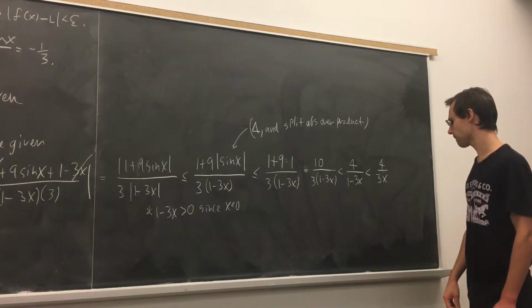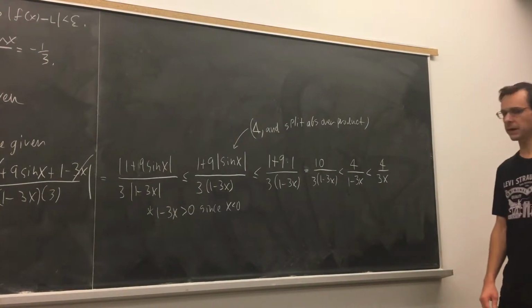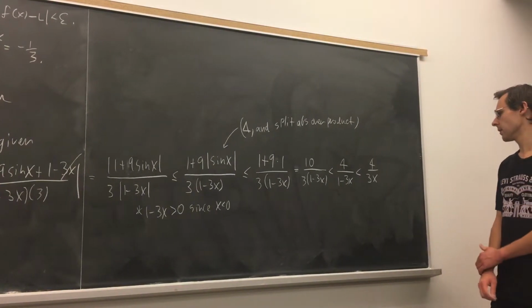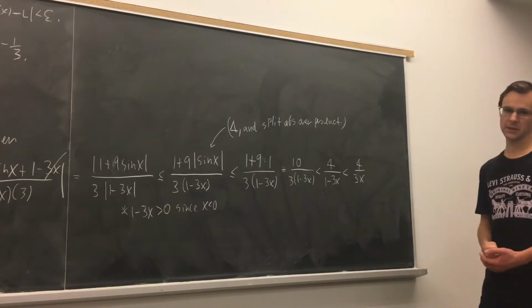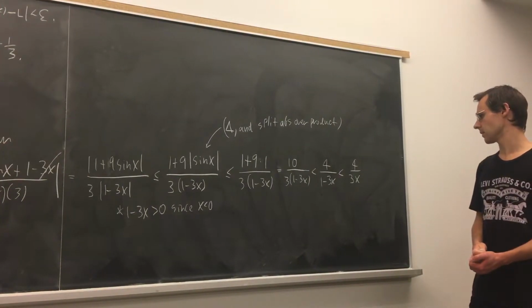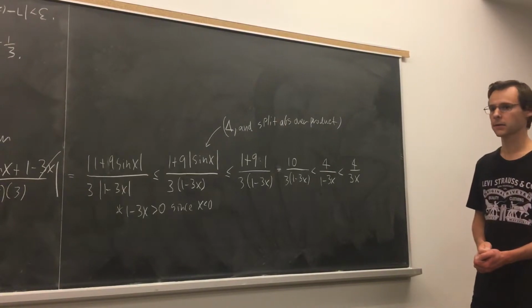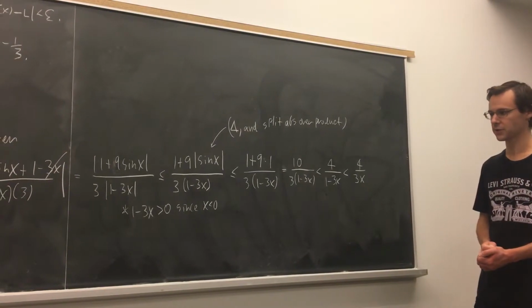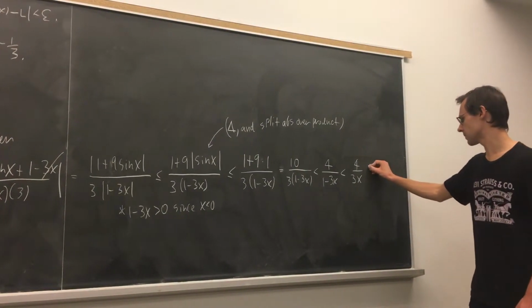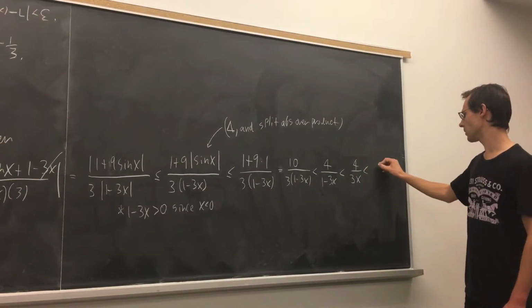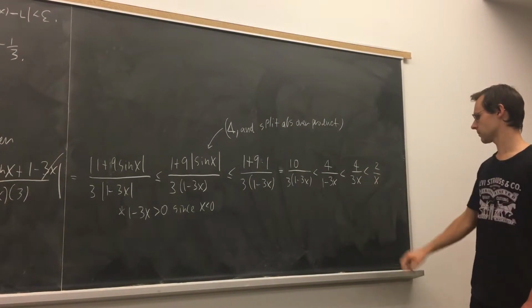Okay? And now we can simplify things even more by getting rid of the 4/3 and replacing that with, say, something like 2. I mean, why not? Why have a 4 over 3 in there if we could just have a 2? So this is now less than 2 over x. Okay?